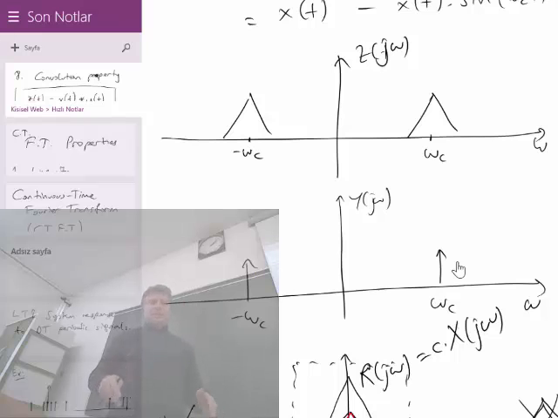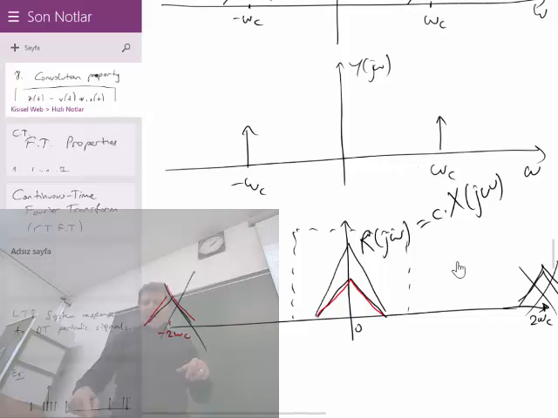And when you do that, it means you're shifting those two impulses to the right and to the left to make two replicas of those two triangles, at the right and at the left. And then when you combine them, you will see that you get the same triangle in the center.